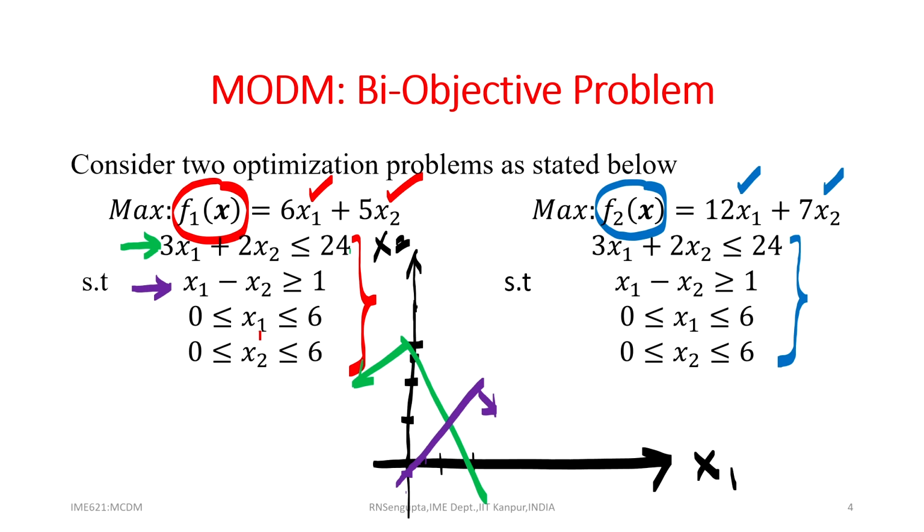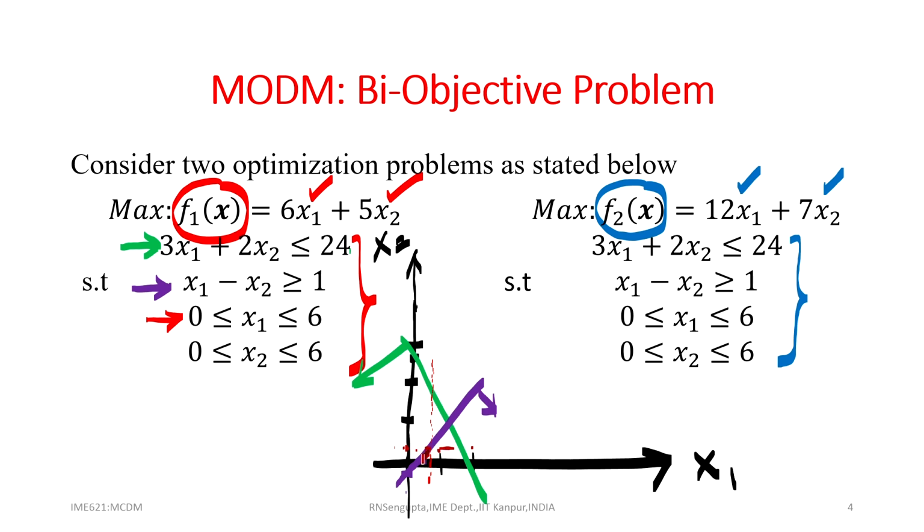x1 is less than 6 and greater than 0. So, it will come somewhere here, and similarly x2, for which we will use the dark red color, it will be somewhere here.